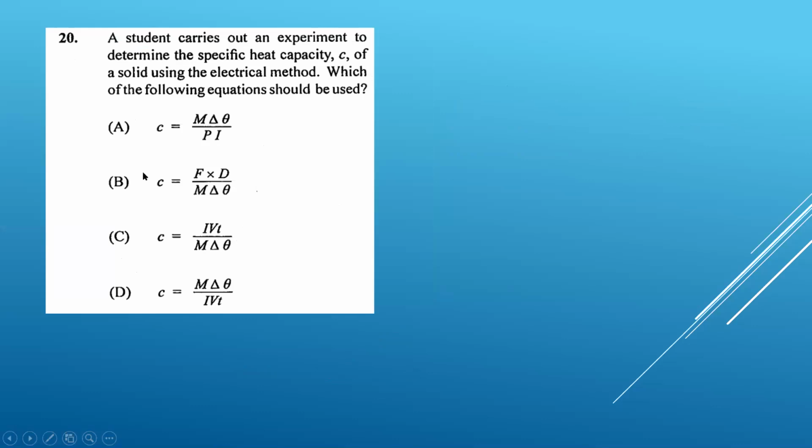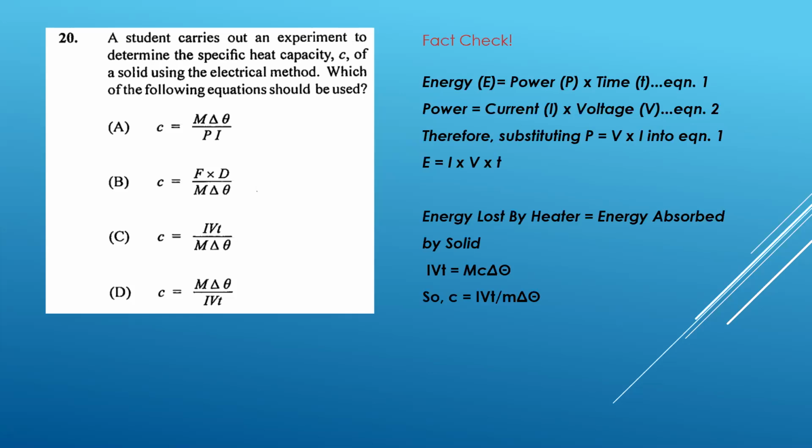Number 20, a student carries out an experiment to determine the specific heat capacity of a solid using the electrical method. Which of the following equations should be used? So in the electrical method, you have to find the energy by using the power equation, right?